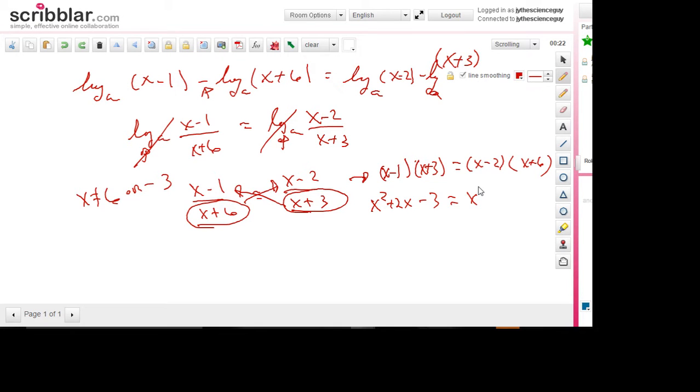Whenever you have the same thing on both sides of the equal sign, they cancel out. So this is 2x minus 3 is equal to 4x minus 12. So 9 is going to be equal to 2x. And that means that x is equal to 9 over 2.